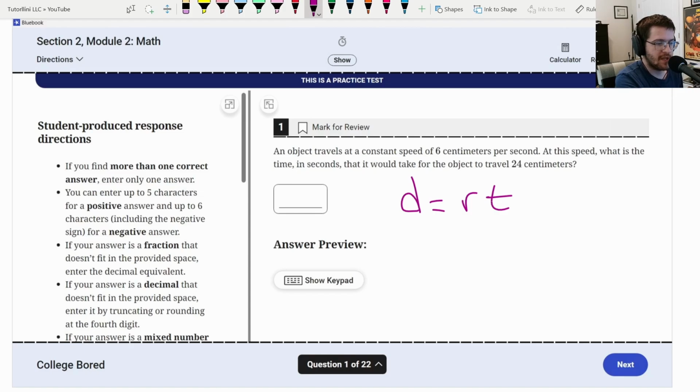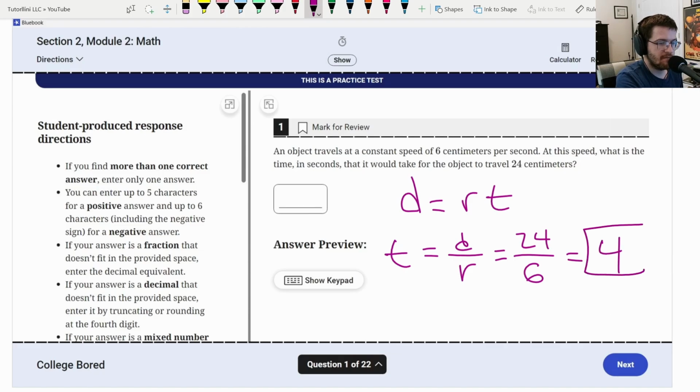So I'm going to divide both sides by R, and I get T equals D over R. And it tells us that the distance is 24 centimeters and the rate is 6 centimeters per second. So that gives us 4 seconds. And that is our answer.